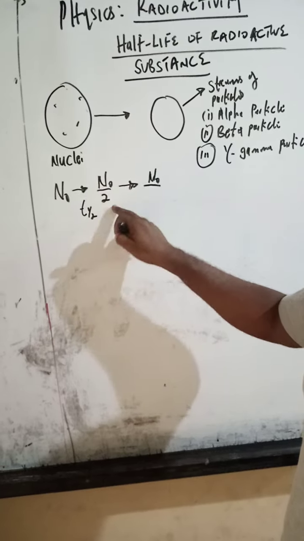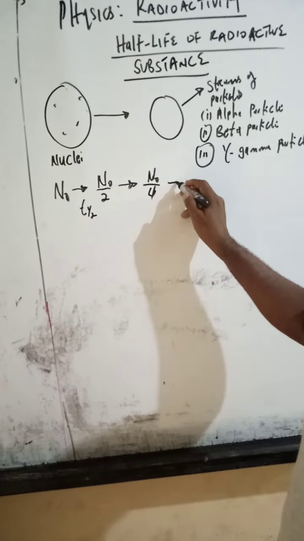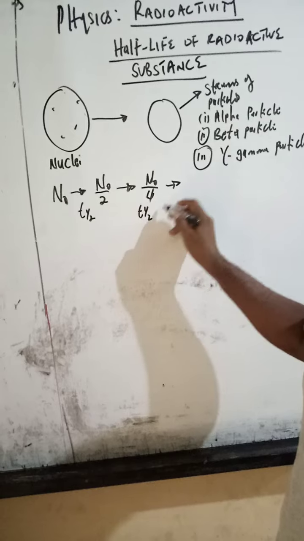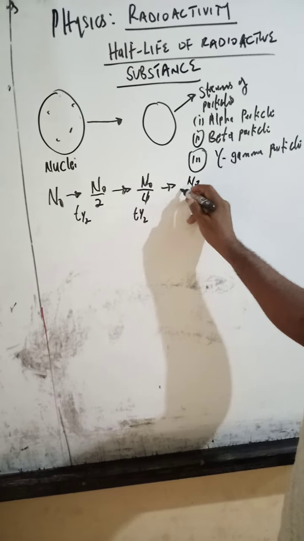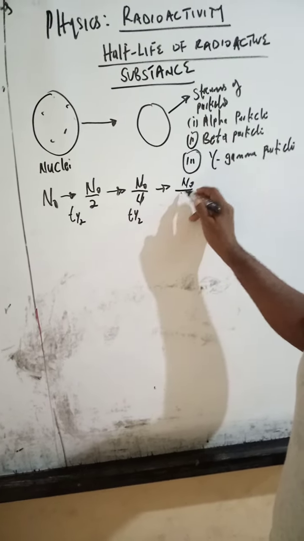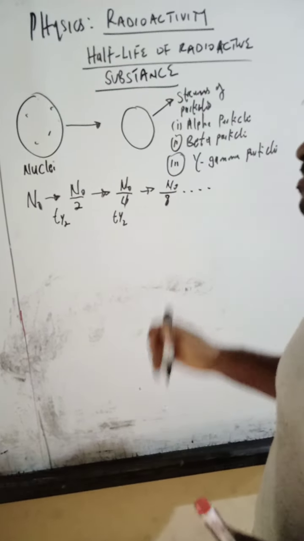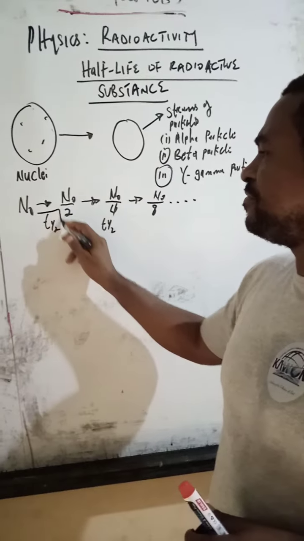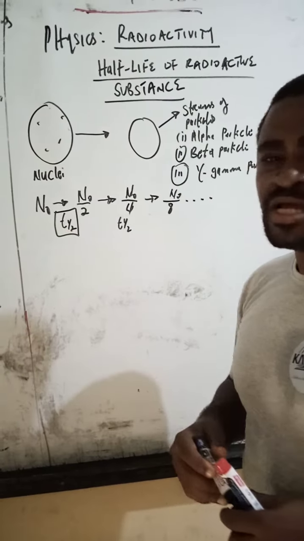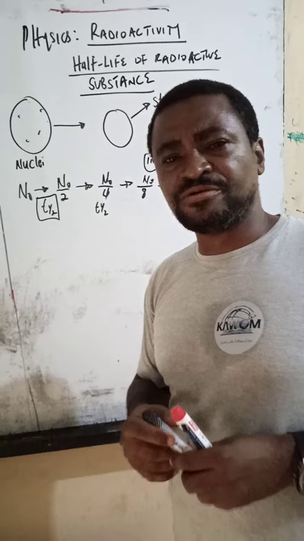We divide this one by 2 again. We have N over 4. That's another half-life. Another half-life, we divide by 2, it will become N over 8, and so on and so forth. So how do we derive an equation for the half-life of this radioactive substance?